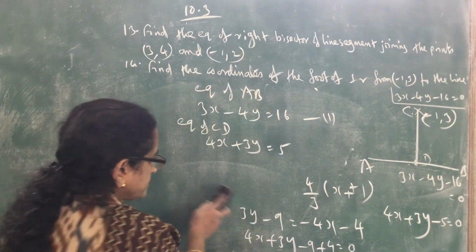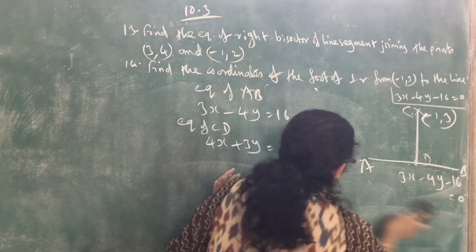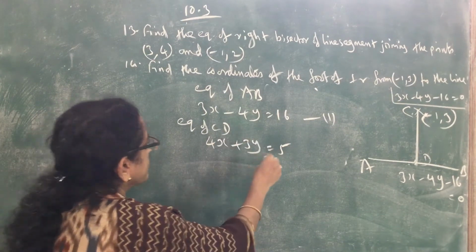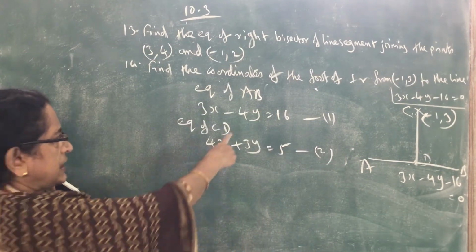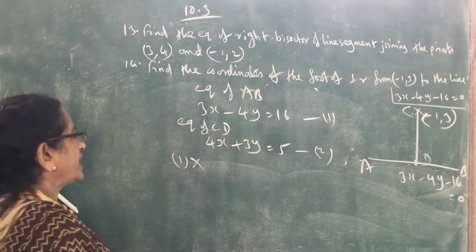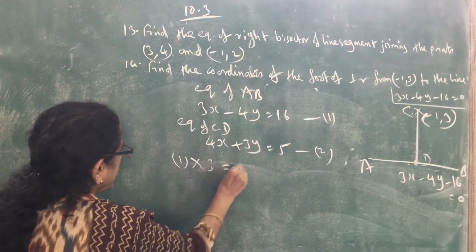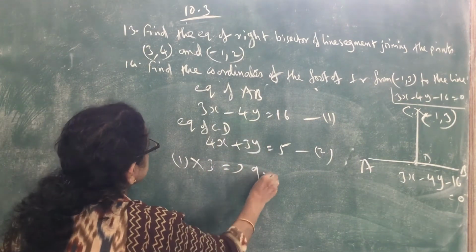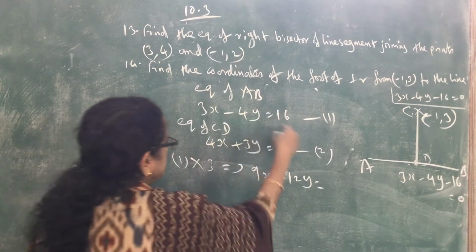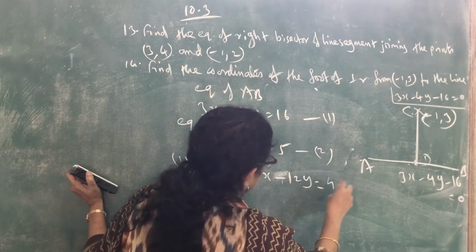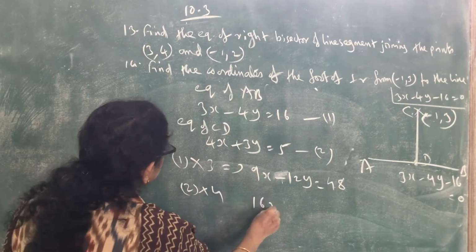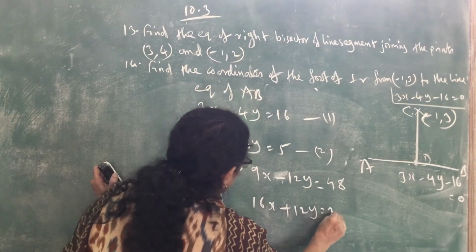We can solve these by the elimination method, though any method can be used. Equation 1 into 3 gives 9x minus 12y equal to 48. Equation 2 into 4 gives 16x plus 12y equal to 20.